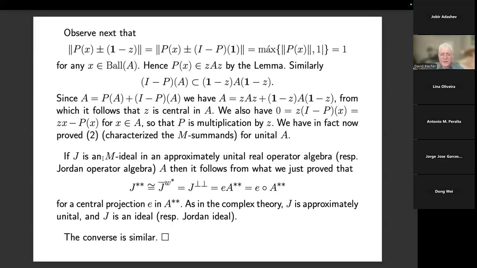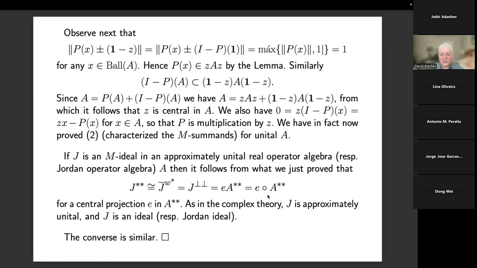And then how about M ideals? Well, it's usually the case that once you characterize the M summands, then the M ideals are an easy step from that. You just go to the bidual. If J was an M ideal, its bidual, or its weak star closure, or its second annihilator, is by the first part just a projection E, that was my Z in the first part, times the bidual, and this projection is central. I think I said that in the previous paragraph.